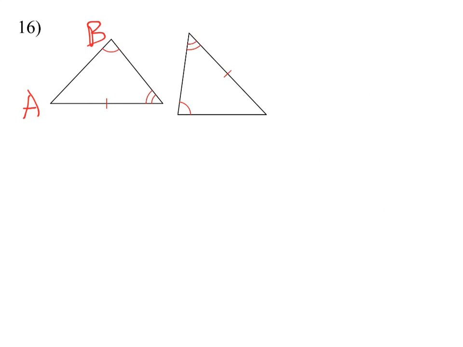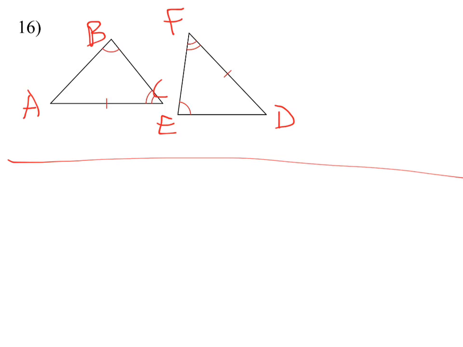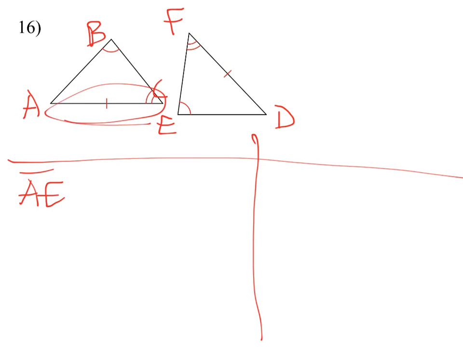And finally, our last one, let's add some labels. A, B, C, D, E, F. All right, so I need a couple columns. Let's start with the sides again. So AE, this side here, is congruent to this side here.